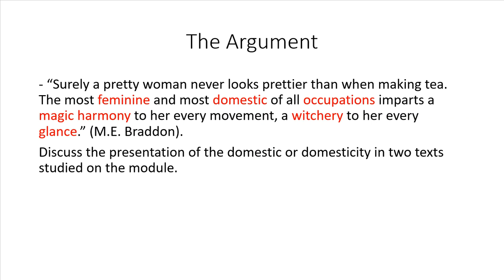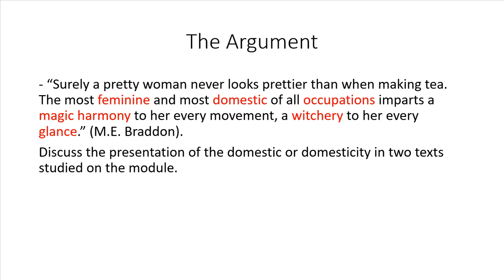We have the word domestic, of course, which I've highlighted there. Occupation is an interesting one for me. The idea of describing making tea as an occupation just suggests work, it suggests a job. It sets off a whole train of thoughts about why it might be called an occupation. But the idea that the domestic space is one of management and order, in which a woman's role is central in keeping that order through occupation, through work.